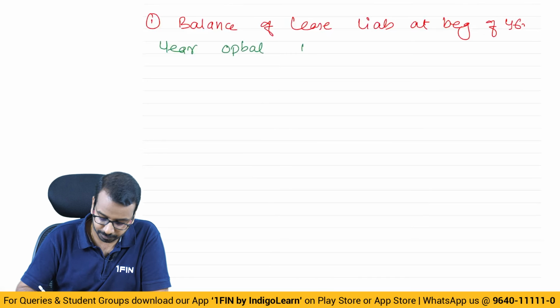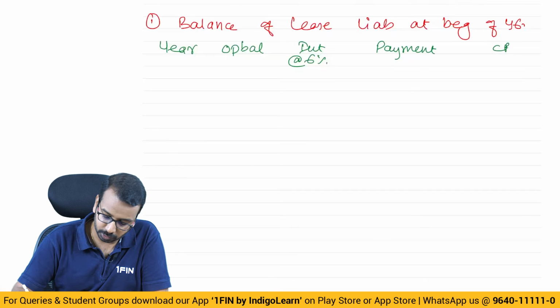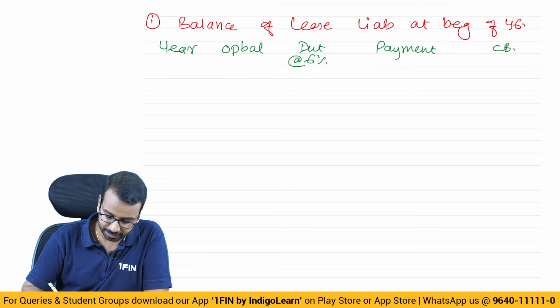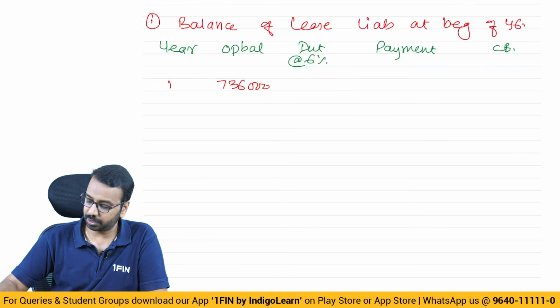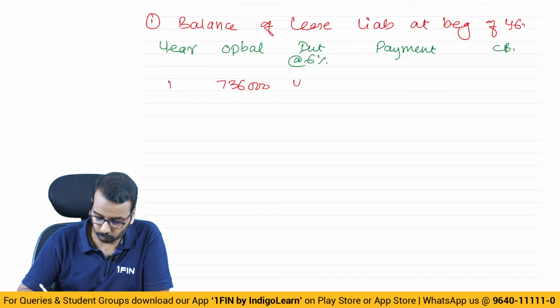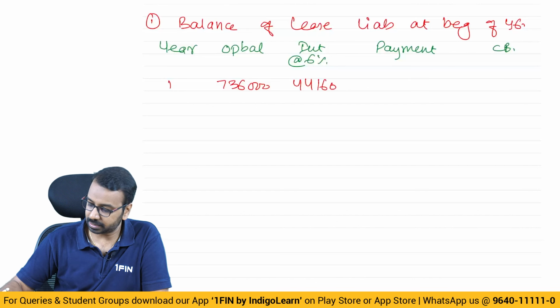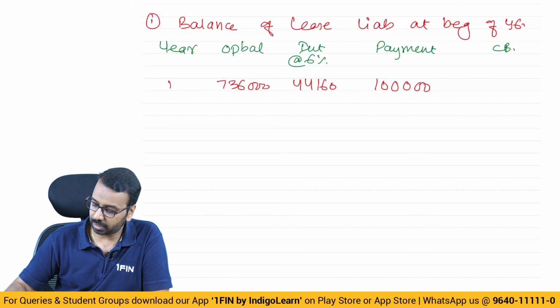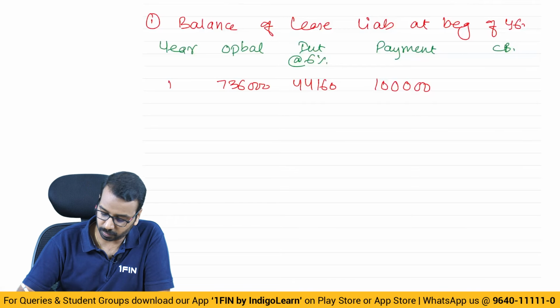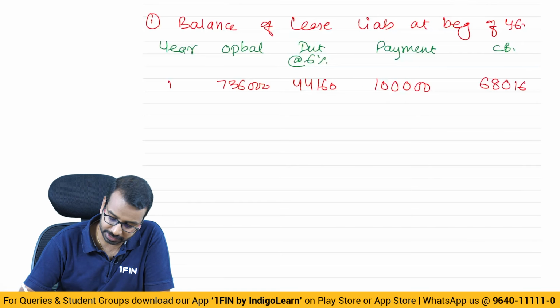Year, opening balance, interest at the rate of 6%, payment, closing balance. Year 1 opening balance 7,36,000 into 6% is 44,160, minus 1 lakh payment, gives 680,160.